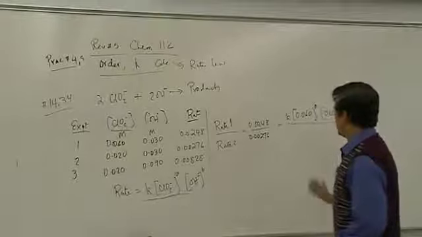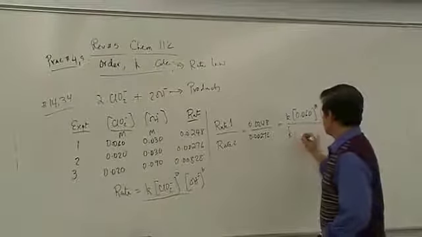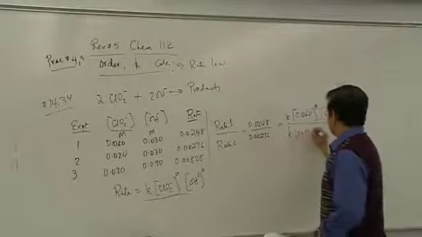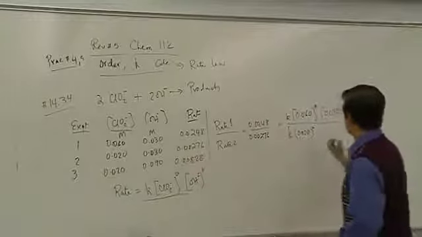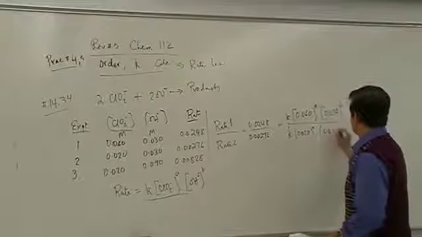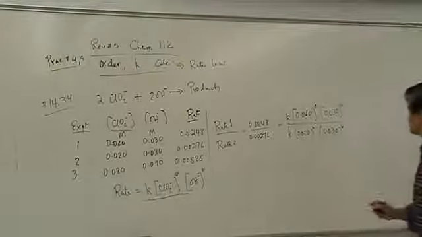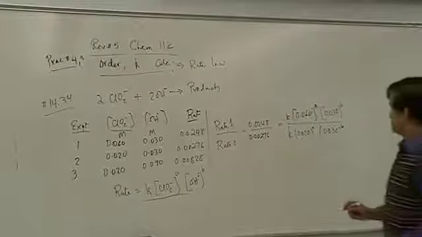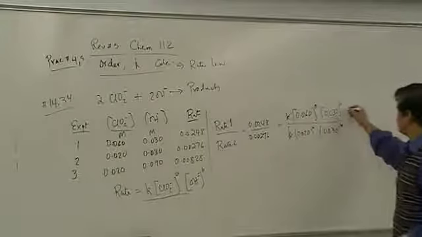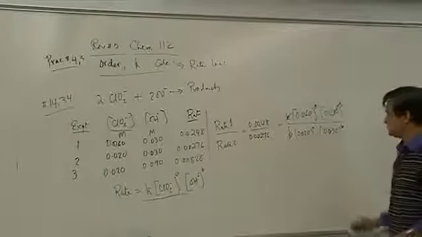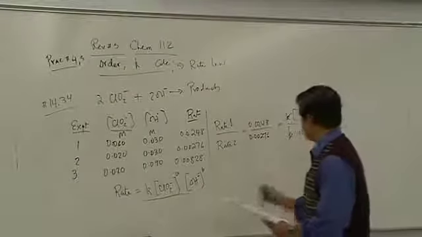So K times ClO2 minus would be 0.020 raised to the power A, and 0.030 raised to the power B. Okay, K would cancel out, 0.030 to the B would cancel out. So the only thing left is here.